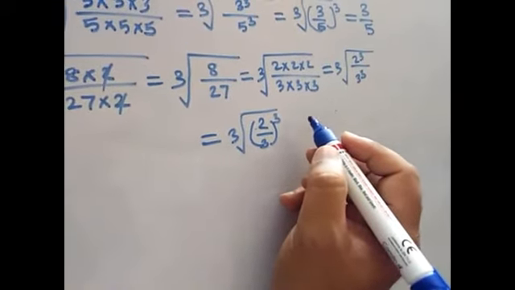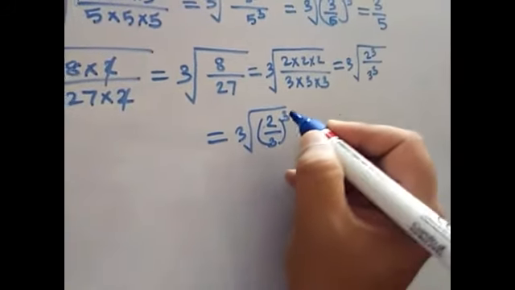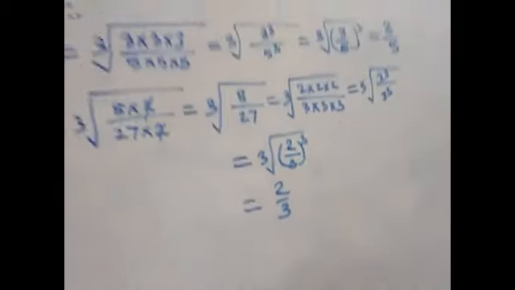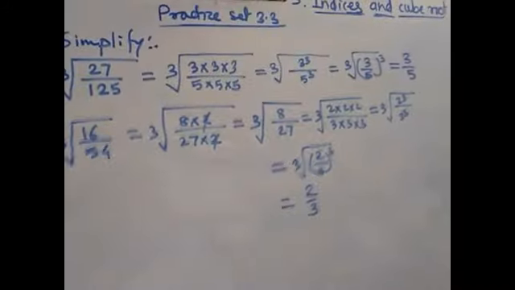The cube and cube root get cancelled and our answer is 2 by 3. In this way we solve.